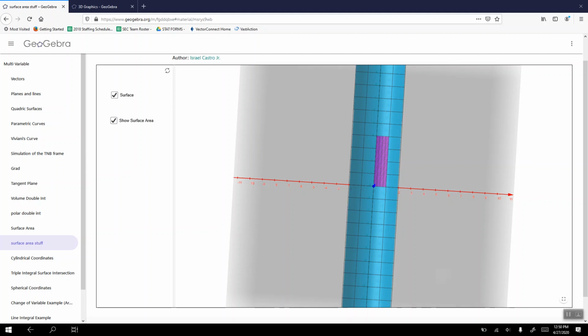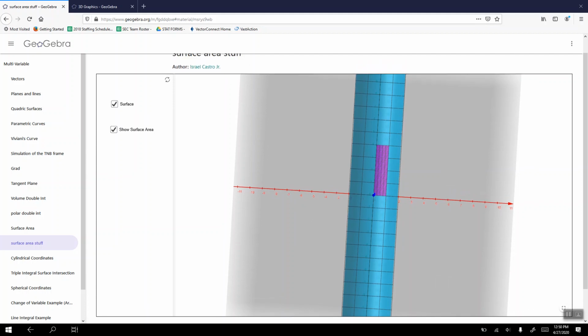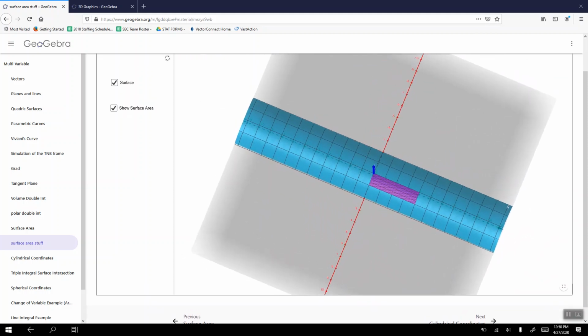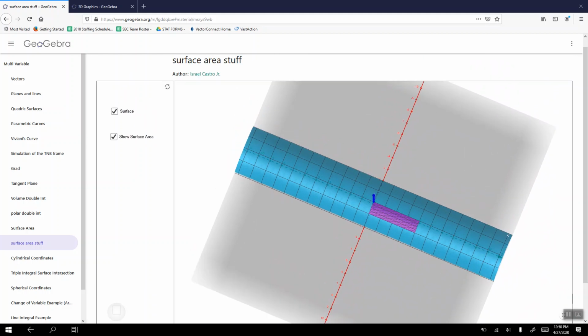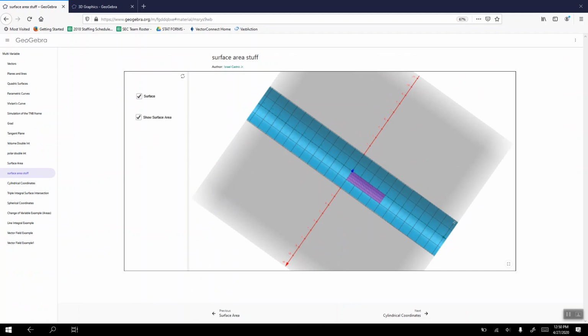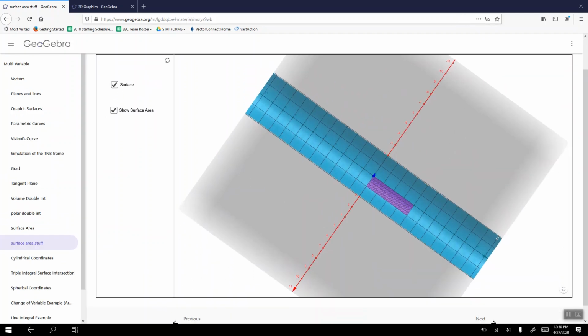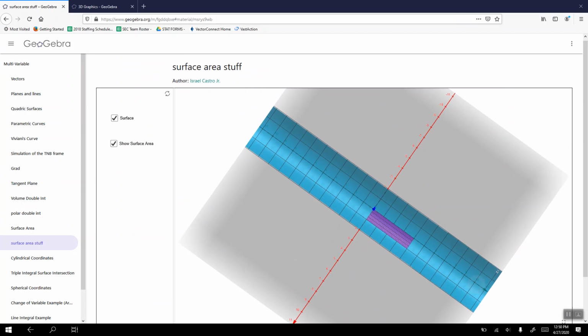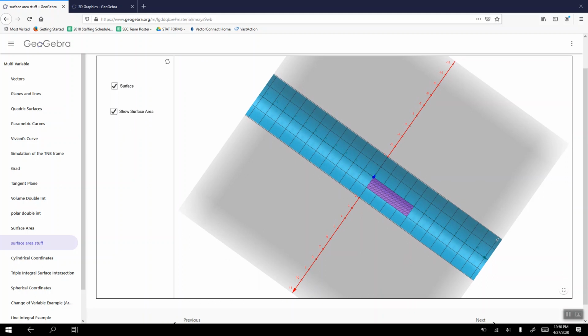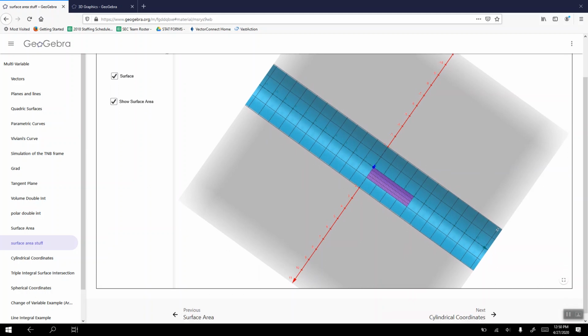Now, when this happens, let me try to move this here. Wow, that's not working out for me. So give me one quick second and I will reorient this.